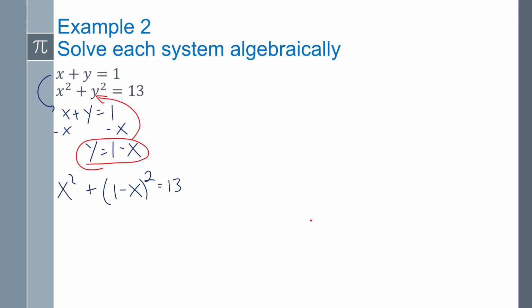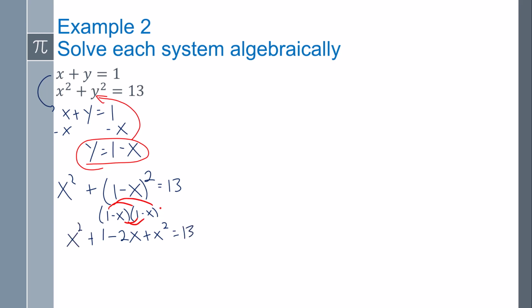Now, it looks a little messy, but let's just parse it bit by bit. That 1 minus x squared is the same as 1 minus x times 1 minus x. We can go through and we can distribute. And so that's going to give you 1 minus 2x plus x squared. Bring down the rest.